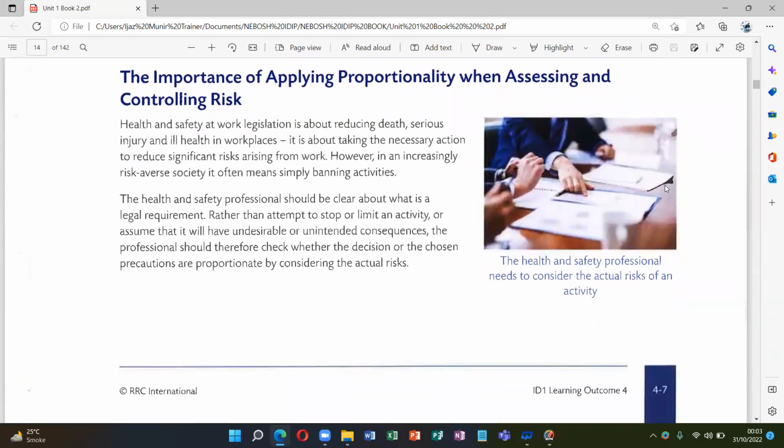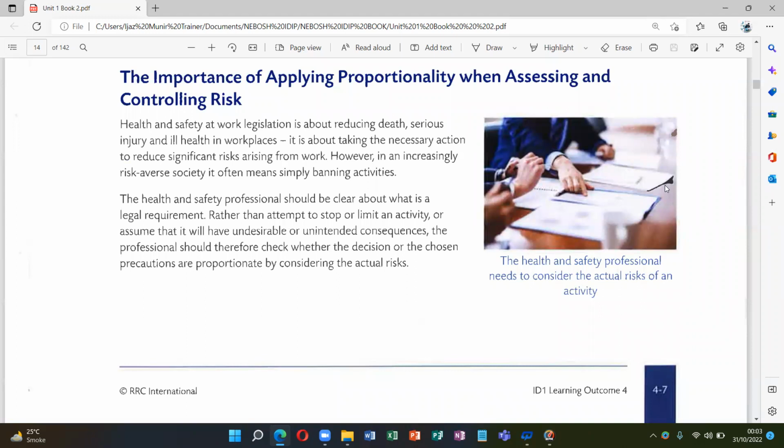The importance of applying proportionality when assessing and controlling risk. Health and safety at work legislation is about reducing death, serious injury, and ill health in workplaces. It is about taking the necessary action to reduce significant risk arising from work. However, in an increasingly risk-averse society, it often means simply banning activities.